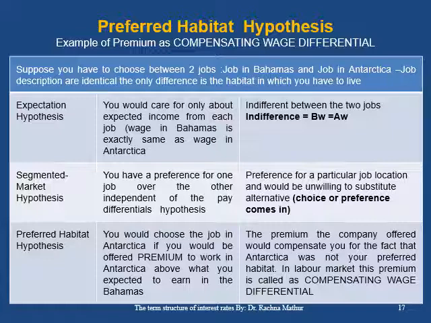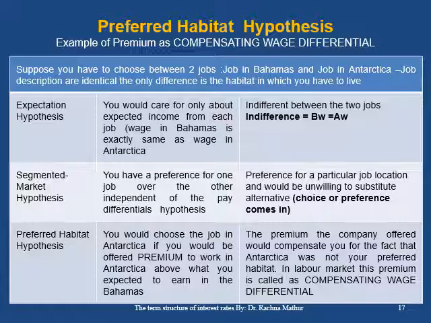Now, in the segmented market hypothesis, you have a preference for one job over the other, independent of the pay differential. With a preference for a job location, you would be unwilling to substitute the alternative. That is, choice and preference come in.